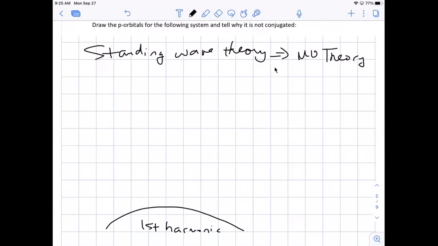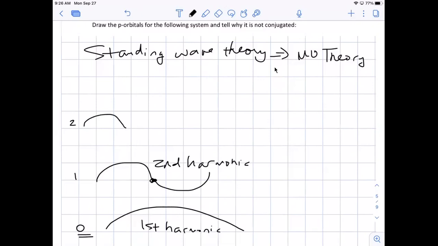So this is the energy level here, 0, the ground state. It's the lowest energy level possible. You go up to the next energy level, and then you have what's called the second harmonic, where the wave passes through 0 one time. Then you go to the next energy level, and the wave is going to pass through 0 twice.